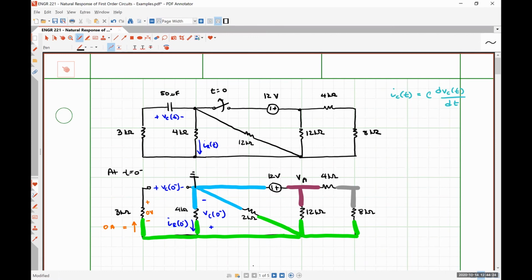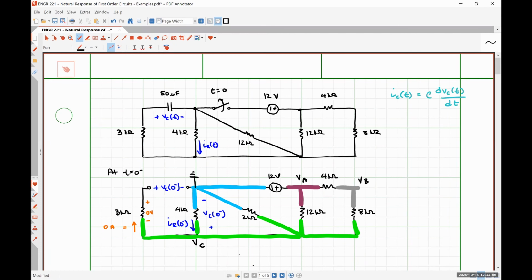No, I don't have to do any work for it whatsoever. Let's call this guy over here VB, and let's call this guy right here, conveniently enough, VC, which is going to be the exact same thing as the capacitor voltage we're looking for, right? So if I put it at the bottom, I run the risk of having to flip signs and do this, that, and the other to figure it out, whereas this way lets me explicitly determine the capacitor voltage directly as the nodal voltage, not as the difference between 2 nodal voltages or anything like that.